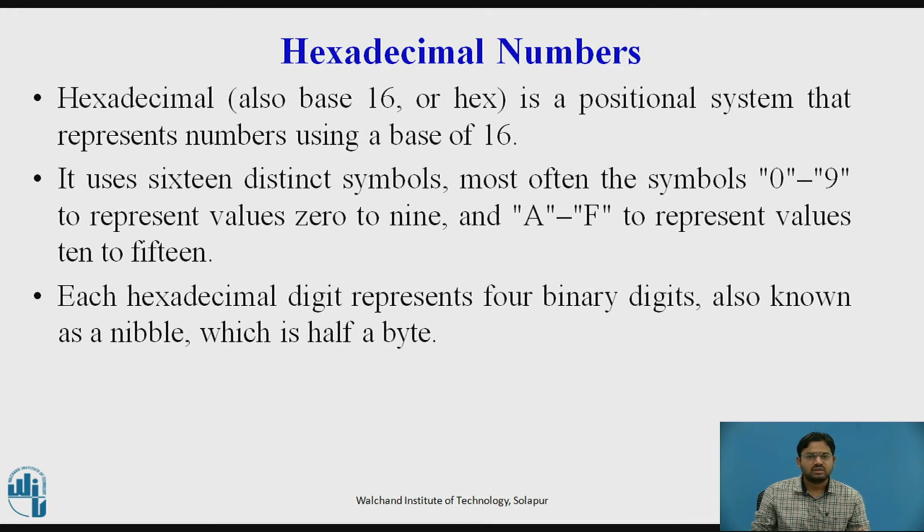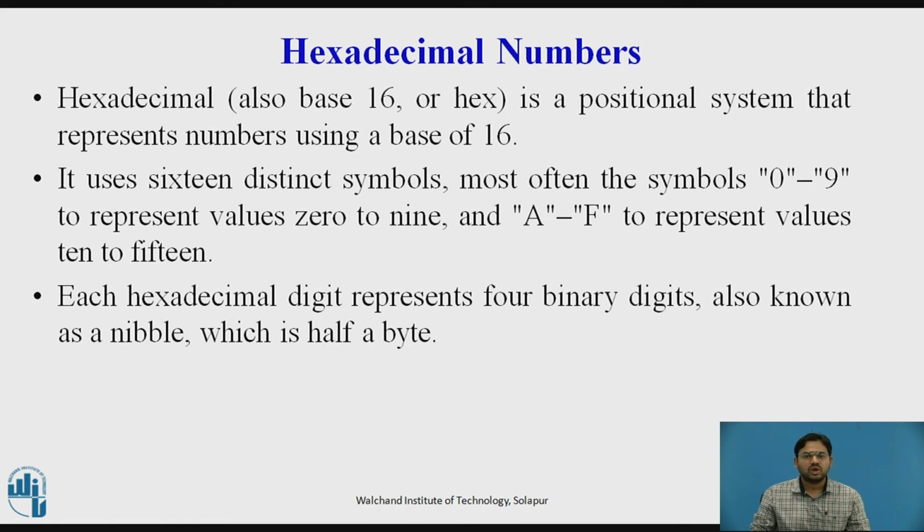So 0 to 9, same as our friend the decimal number system, plus it includes more symbols. It takes the letters A, B, C, D, E, F. So these are the 10 symbols plus these 6 letters, A, B, C, D, E, F. So including all the symbols, the hexadecimal number system is defined.